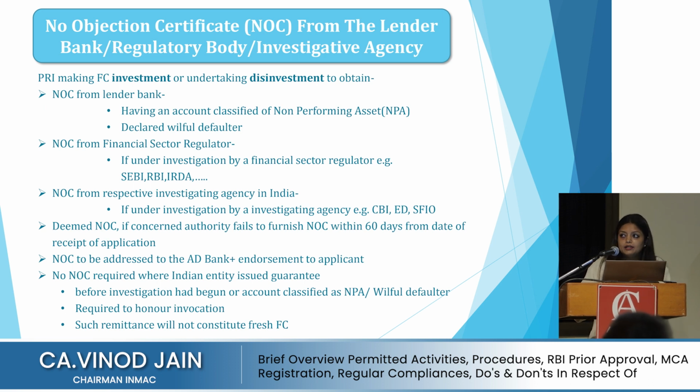If the concerned authority fails to furnish the NOC within 60 days from the date of receipt of the application for such NOC, then it will be a deemed NOC from that concerned authority's side. So they have to answer back in 60 days. The NOC is to be addressed to the AD bank, with endorsement to the application. This is the basic procedure.